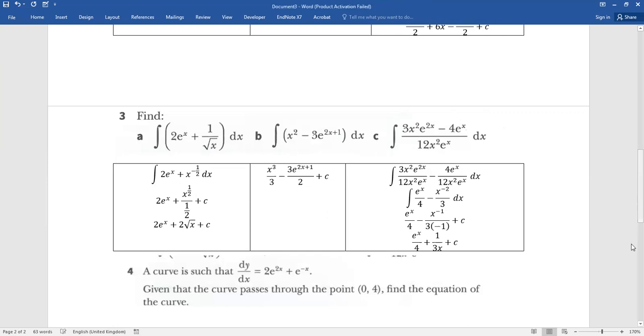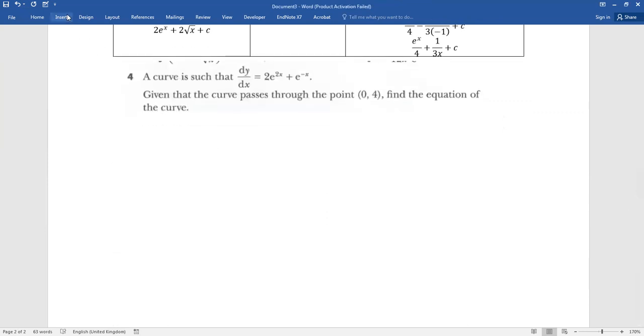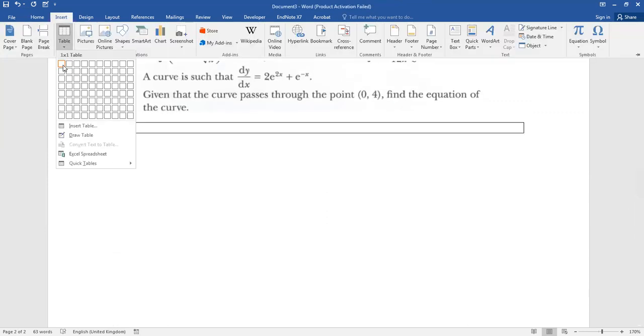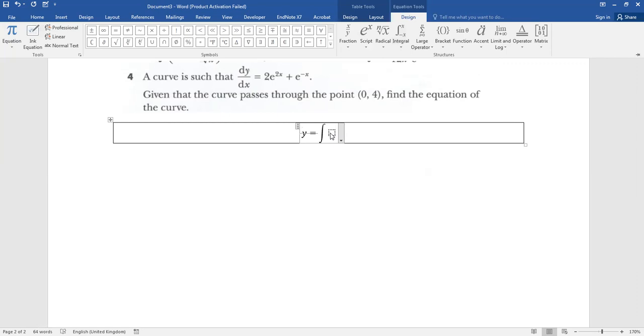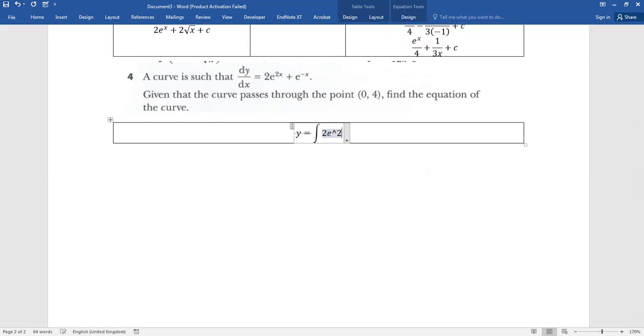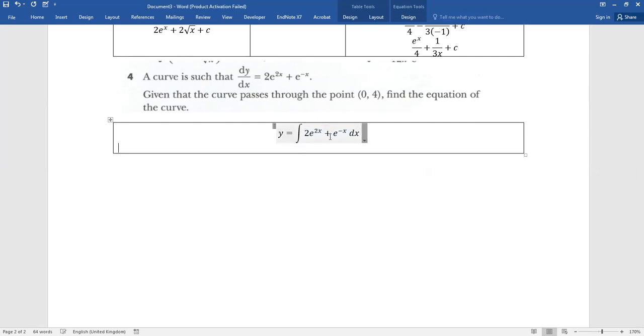So now what about this one? The curve is such that dy by dx is this. How do I get the equation of the curve once it has provided me with the derivative? I'll simply integrate it, right?